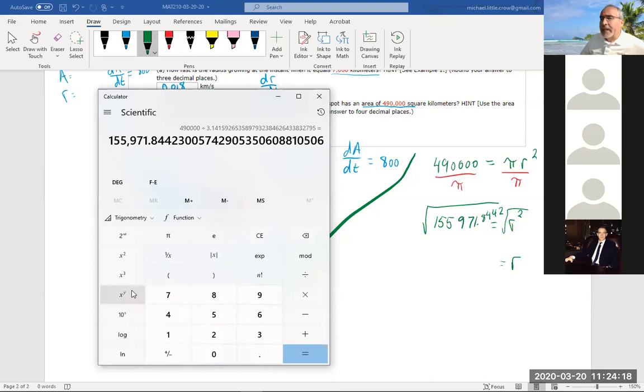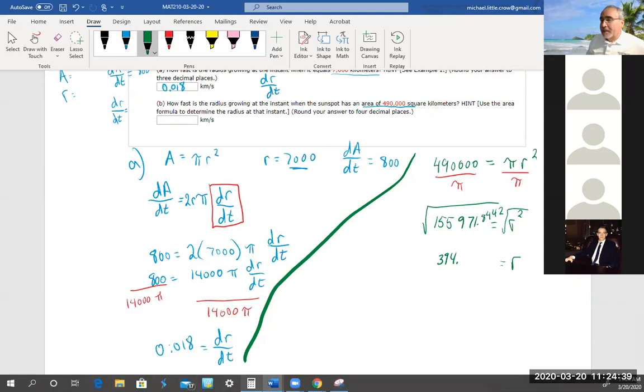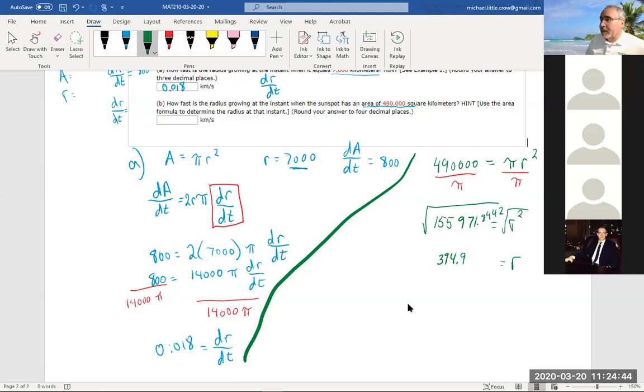I don't see a square root key on here, so we'll raise it to the 0.5 power, which is the same thing as a square root. And we should get 394.9327. Did I get that part right? Yep. Thank you.